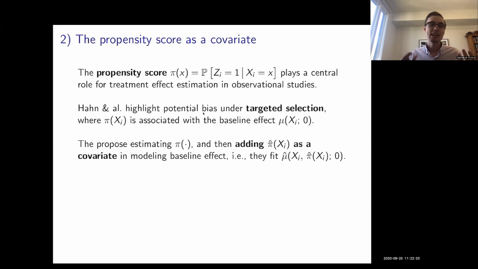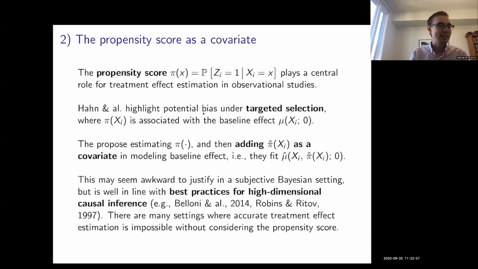Richard Nethery highlighted the problem of targeted selection: if the propensity score is associated with baseline effects and the baseline effects are complicated, then if you don't focus on the propensity score, you could easily get biased. What they do in the BCF paper to address this issue is first estimate the propensity score, and then include it as a covariate to model baseline effects.